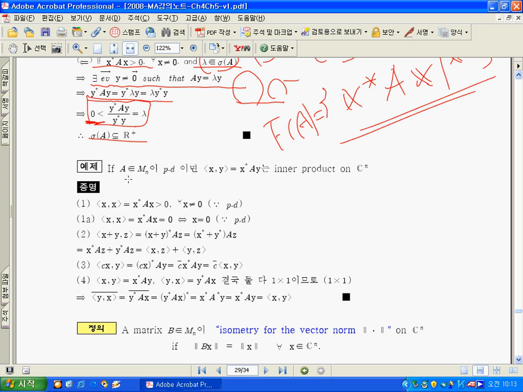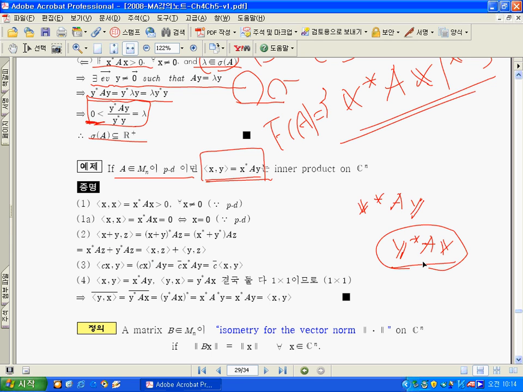Okay, anyway, if A is a positive definite matrix, then we may define an inner product of X and Y in this form, X star AY, or Y star AX, which is more popular. Okay, anyway, we defined it in this way.